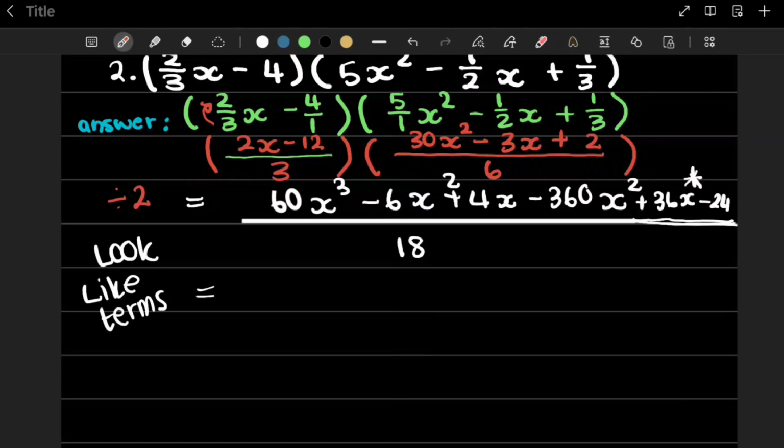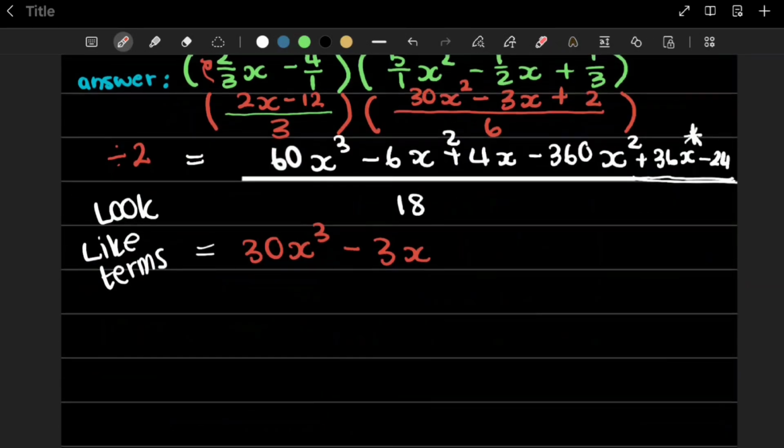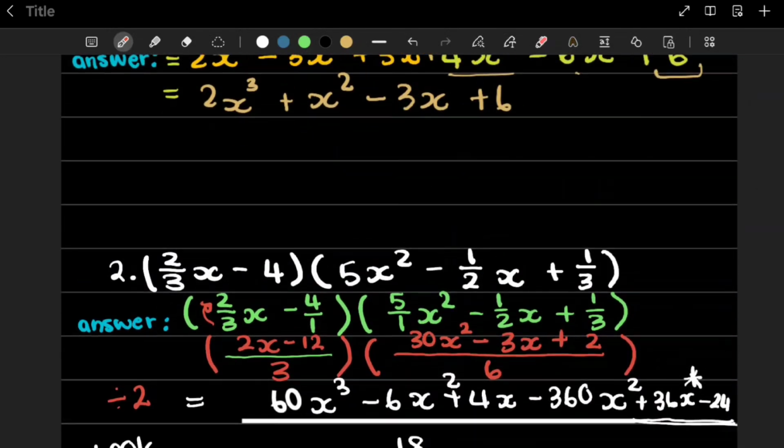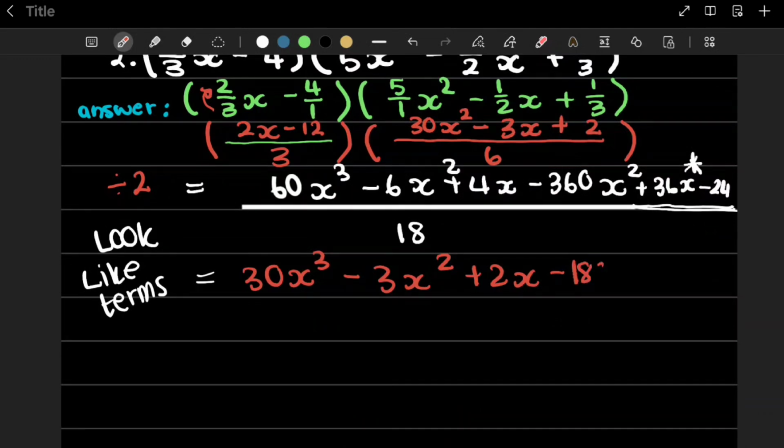So that would give us 30x cubed minus 3x squared plus 2x minus 180x squared plus 18x minus 12. I'm just going to write it over there.